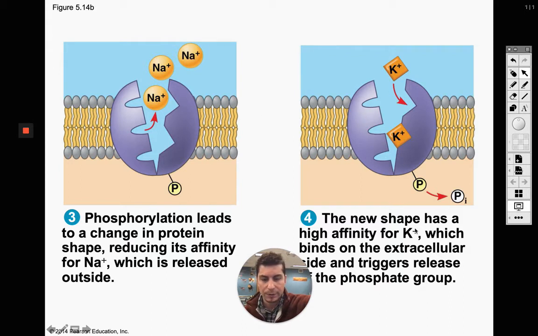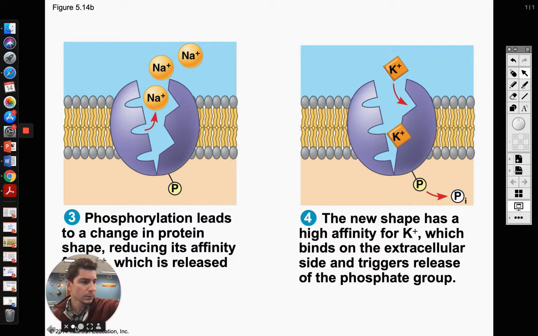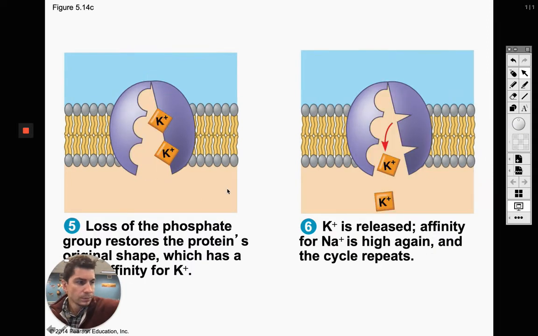We're going to bring potassium in, which also has a positive charge, to try to even it out a little bit. We're going to transport 2 of them in. So 3 Na go out, 2 K go in. Okay, so you guys can see them going in there.